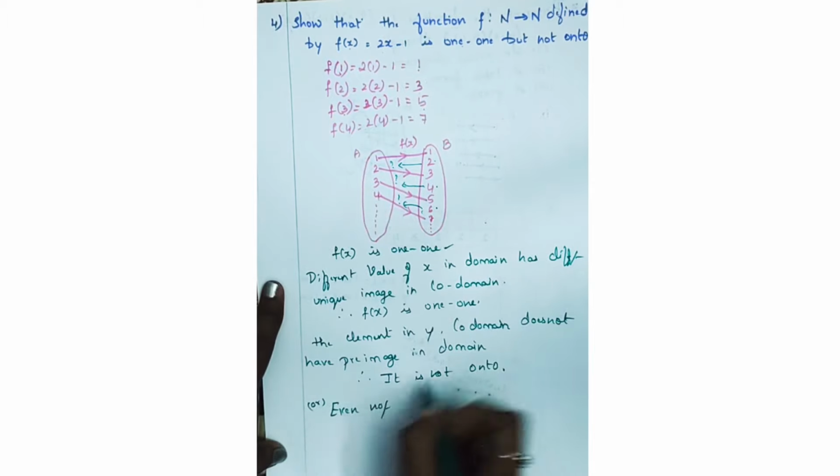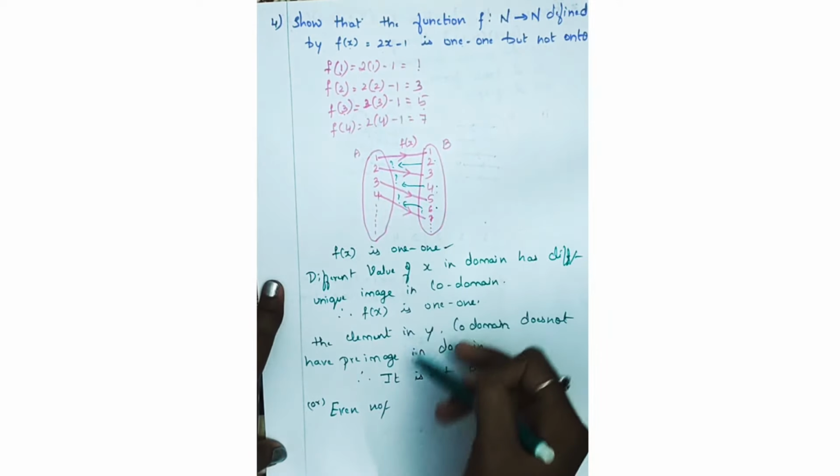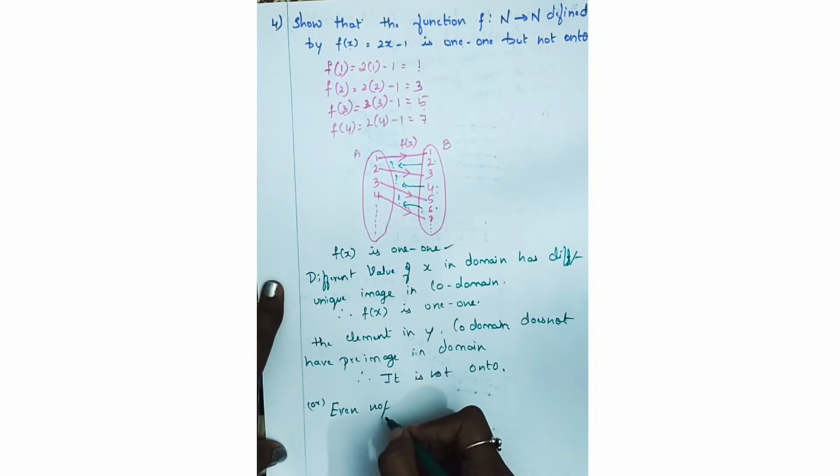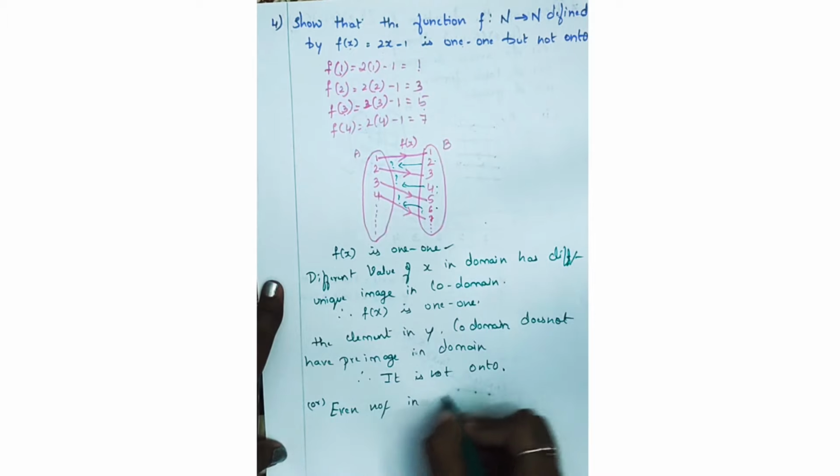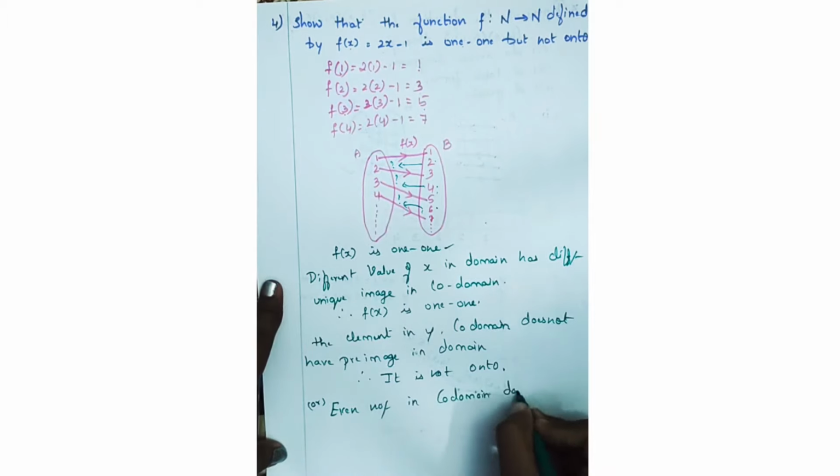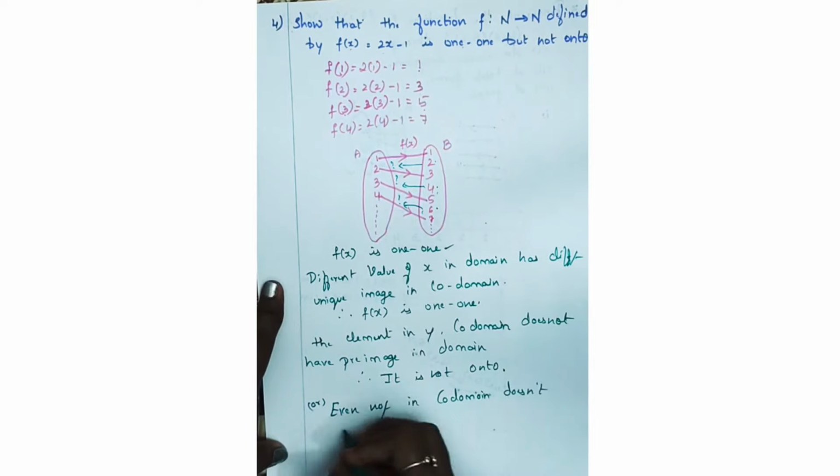In other words you can say even numbers, just note here 2, 4, 6 etc., in the codomain do not have a pre-image in the domain.